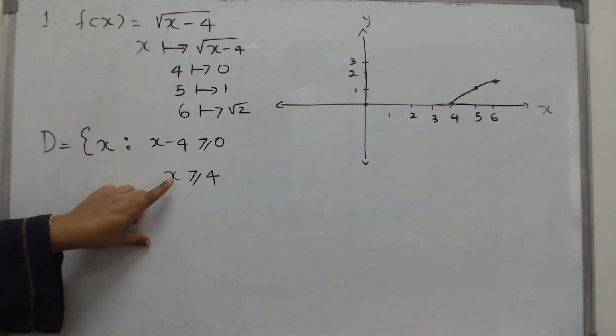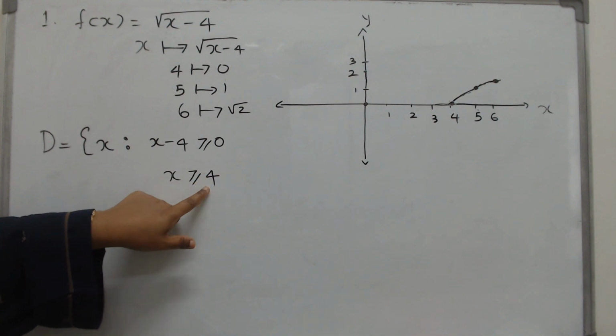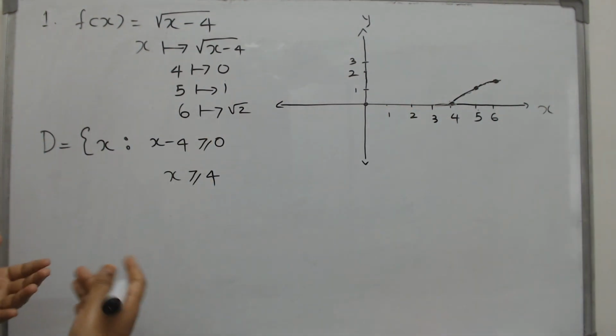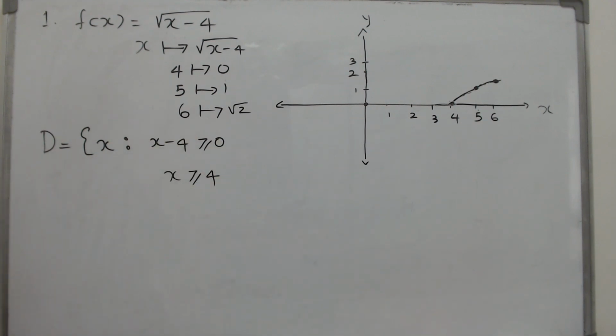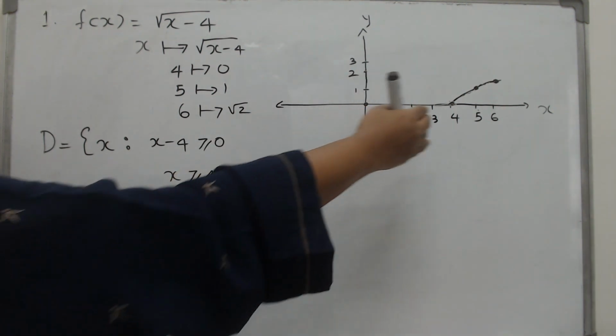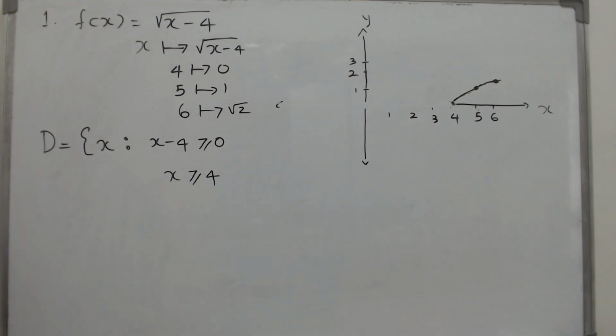So, we will take only the numbers which are greater than or equal to 4. Anything less than that comes to the left of 4 on the number line, and you can forget it. It is not included in the domain.